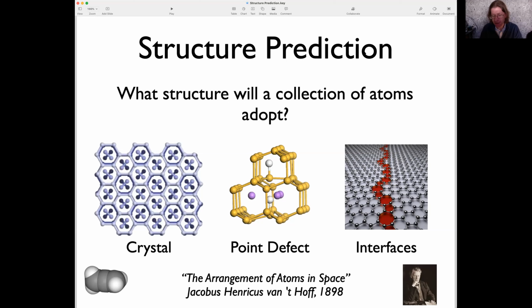Now, I just wanted to point out at the bottom here that this idea of structure prediction is as old as modern atomistic science itself. This chap here, Van 't Hoff, was, I think, the first Nobel Prize winner in chemistry, back over 100 years ago, and he wrote a book and many articles on this concept of the arrangements of atoms in space.